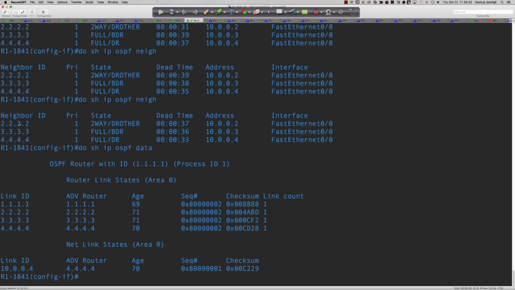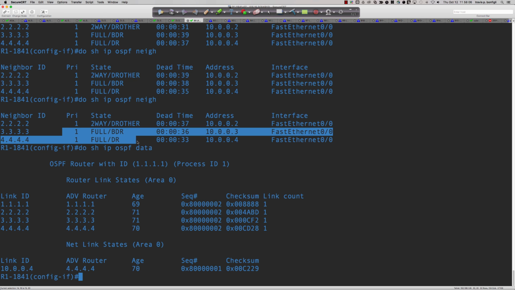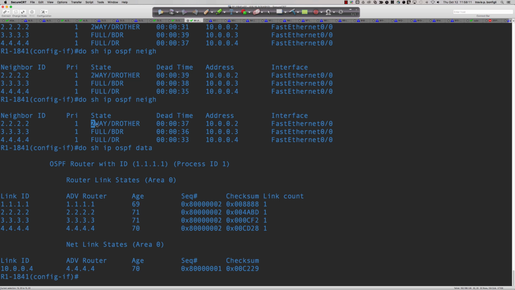So they're OSPF neighbors, but they are not fully adjacent, and there is a significant difference. Neighbors stop in the two-way state, and this is a steady state. This is not an error. There's nothing wrong here. This is exactly what's supposed to happen, and it's a DR other. It's not the DR and it's not the BDR. From the perspective of router 1, he sees router 2 as a DR other.